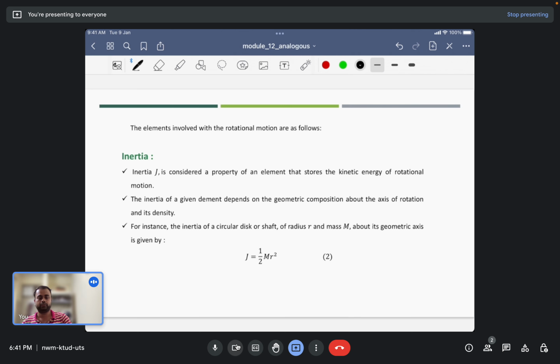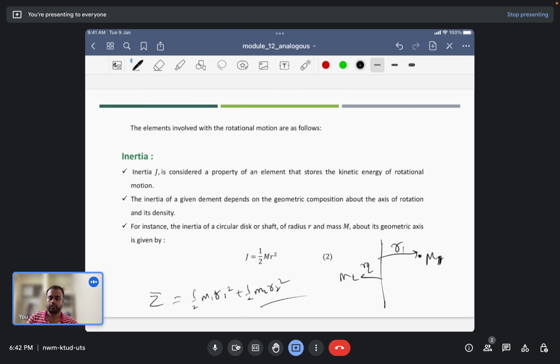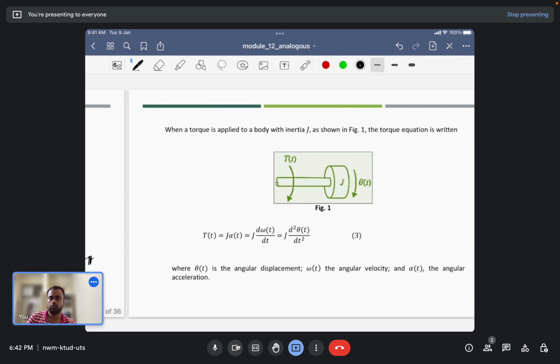So suppose we have an axis, and objects of mass m1 at r1, m2 at r2. In that case the summation will be half m1 r1 square plus half m2 r2 square, and so on up to n particles.